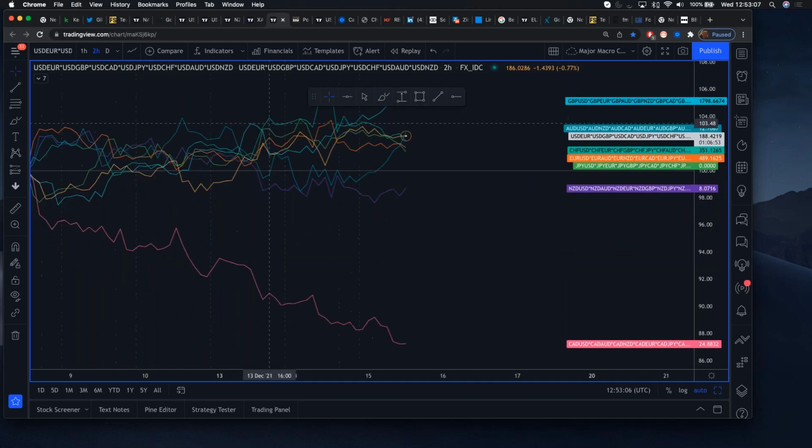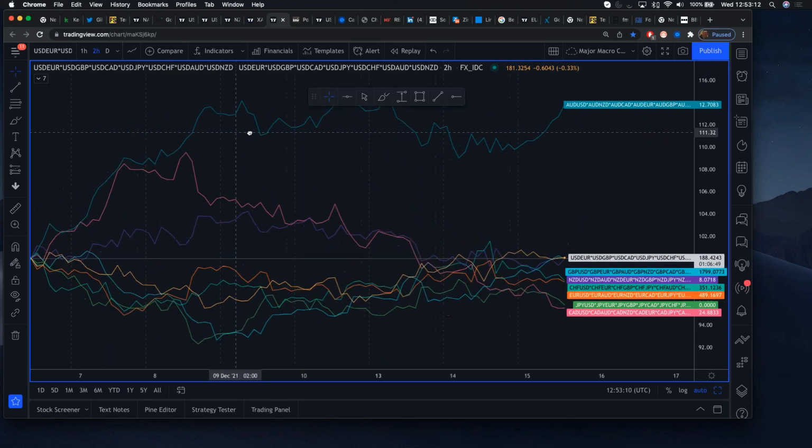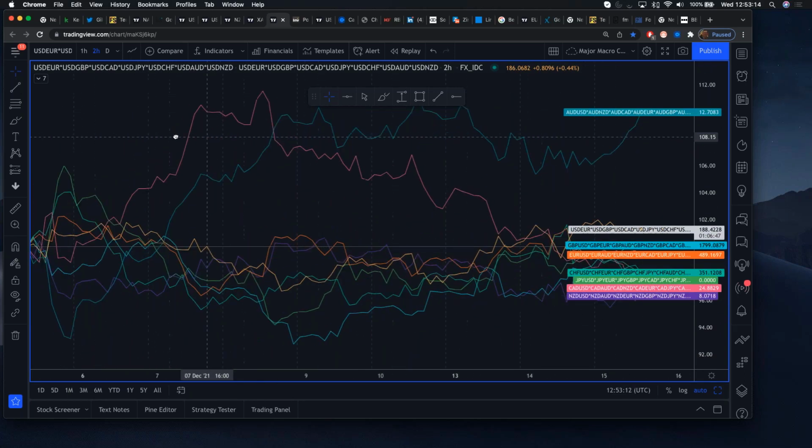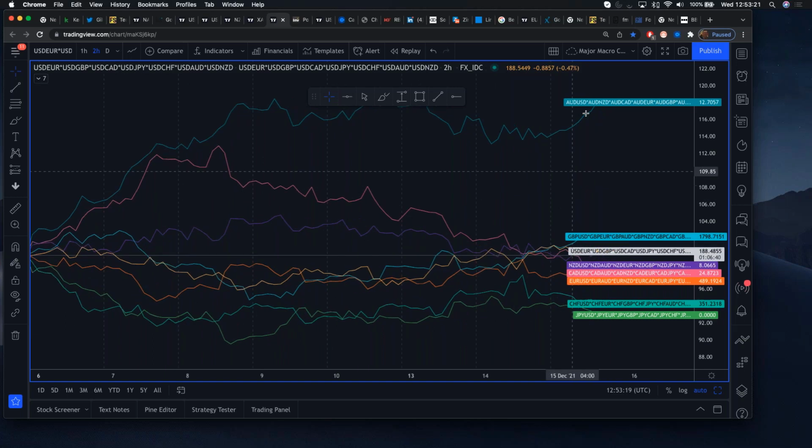You can see from the RBA meeting how the Australian dollar is outperforming the other currencies. You see that? That's what's going on there.